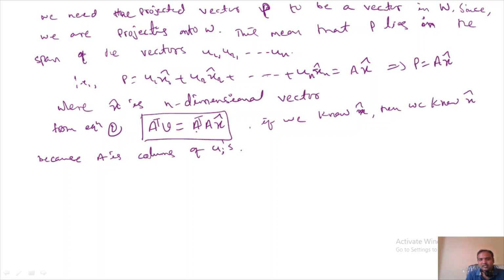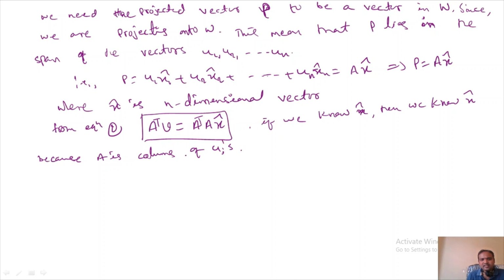This is the equation: A transpose V equals A transpose A x hat. Here A and V are known, so solving this equation we can find x hat.